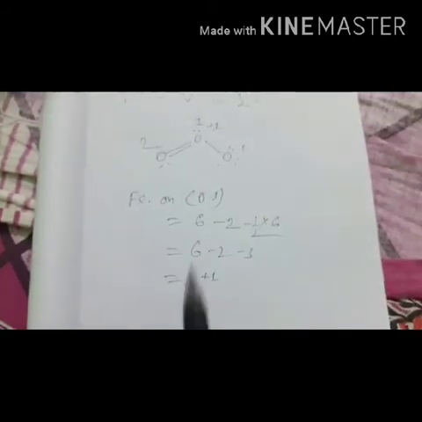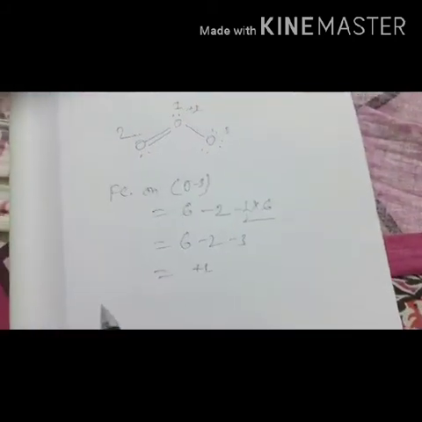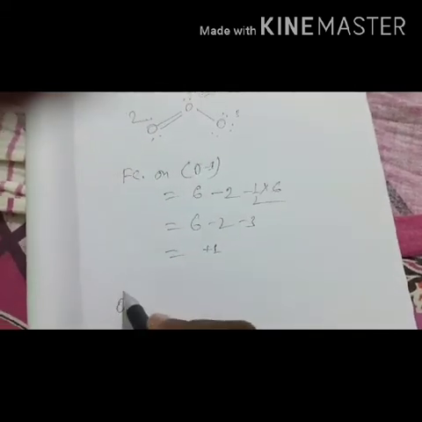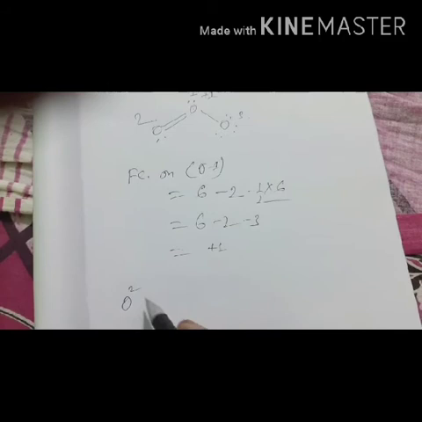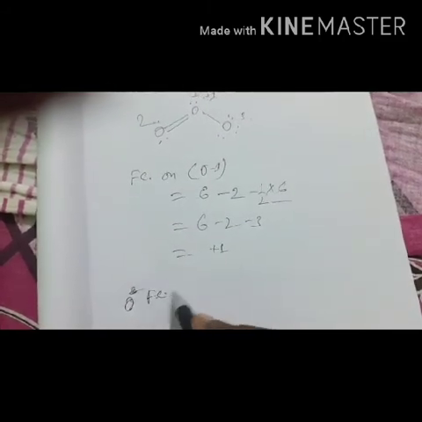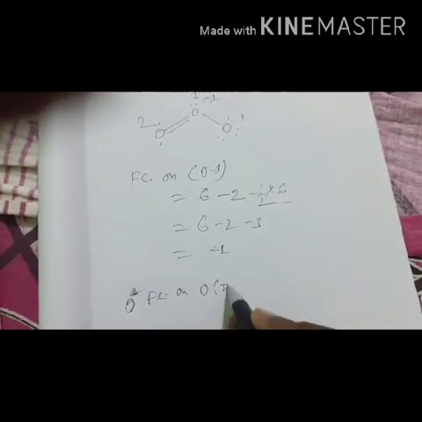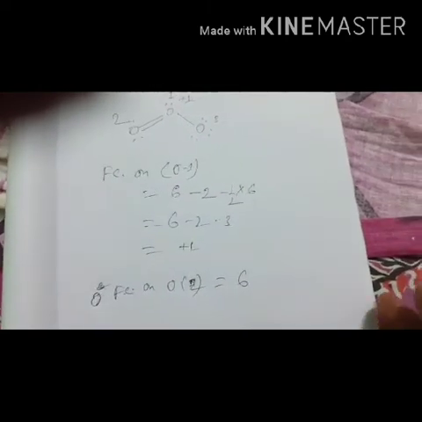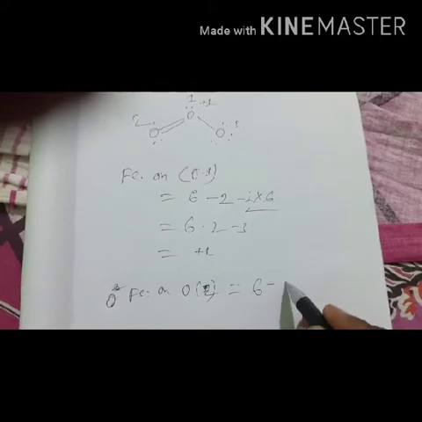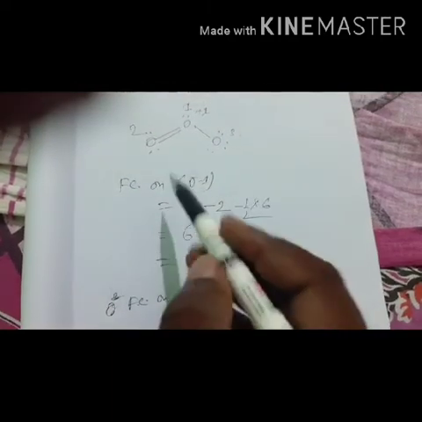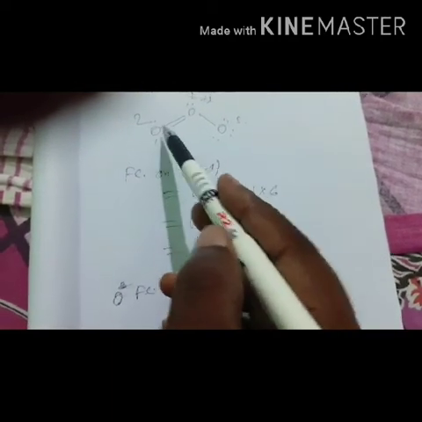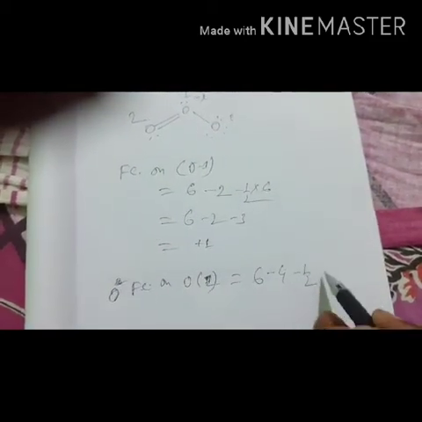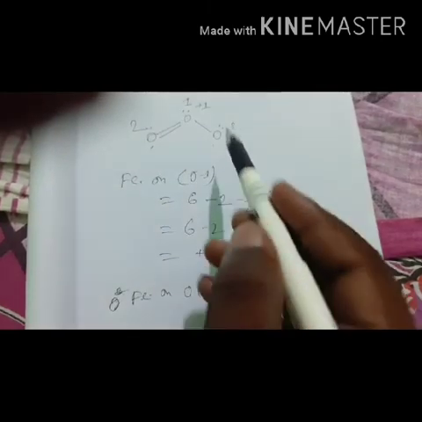Now for oxygen 2, what would be its charge? Fc on oxygen 2 will be 6 minus the lone pairs; there are 2 lone pairs, so 4 electrons. 6 minus 4 minus half of the shared electrons.